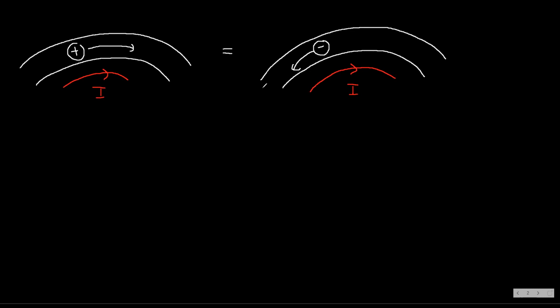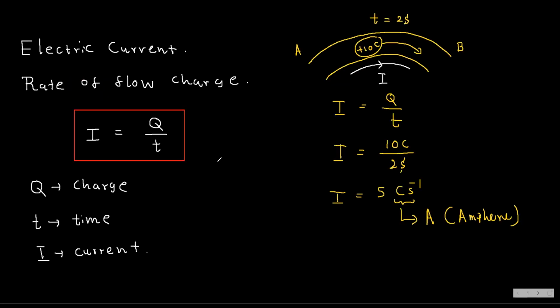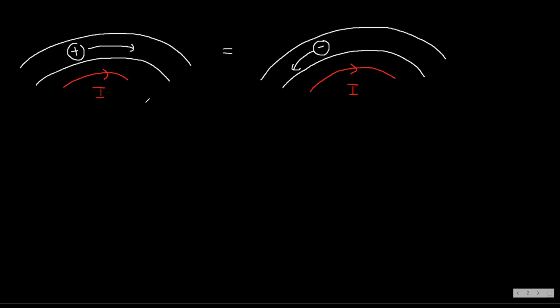So, do you have any questions about this part? There are 2 points. You have to know how to calculate the current, and the unit of current is ampere. And direction of current is always considered as the direction of positive charge moving. Also the opposite direction to the negative charge moving is considered as current.